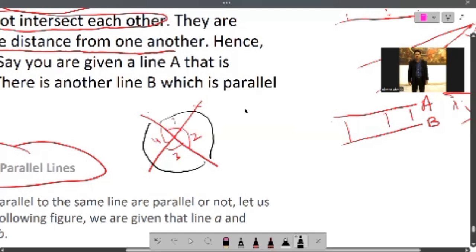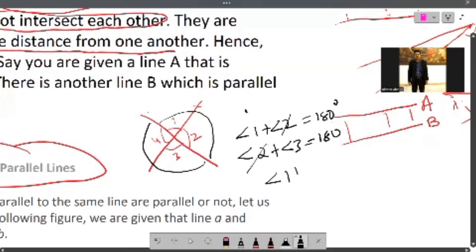This one is also 180 degrees. So angle 1 plus angle 2 is equal to 180 degrees. Similarly, angle 2 plus angle 3 is 180 degrees. If we cancel out angle 2, angle 1 is equal to angle 3.